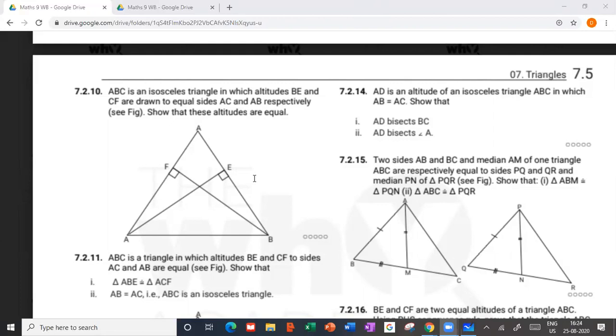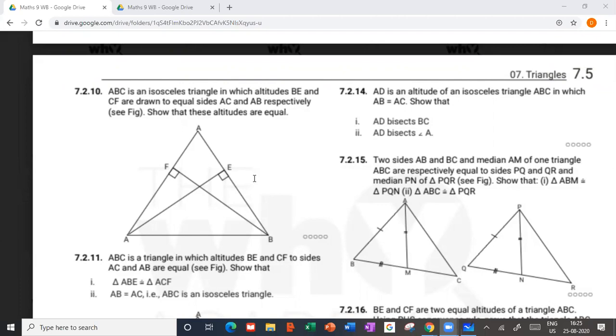Correct. And a median is the same thing except it bisects the line into half. Correct. Yes, that is the important difference between altitude and median. Keep these terms in your mind because they do come.